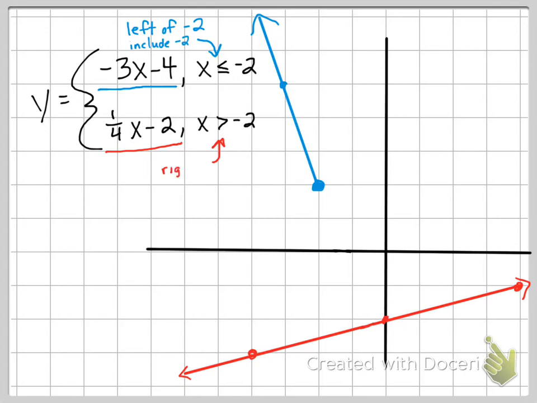Then for the other part, it says when x is greater than negative 2. Greater than negative 2 would be to the right of negative 2. And since it's not equal to, it does not include negative 2, just to the right of it.